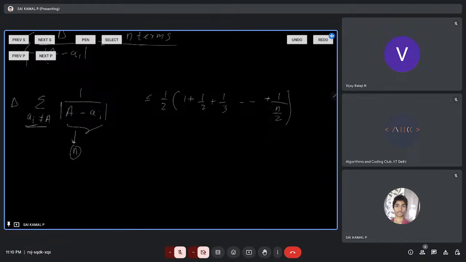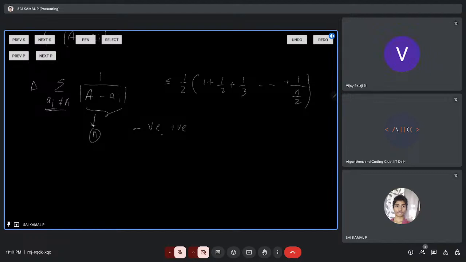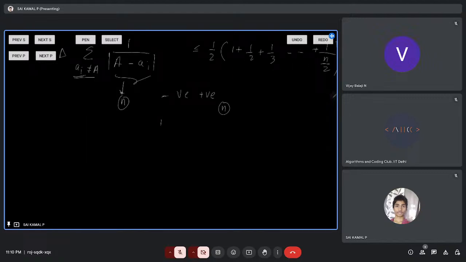If there are at most n unique values, which can be both negative and positive integers, you are trying to figure out the sum of 1 by i for those integers, and you have n of them. In order to maximize that, always take the maximum possible element from this list. So you have your list 1, minus 1, 2, minus 2, and so on.